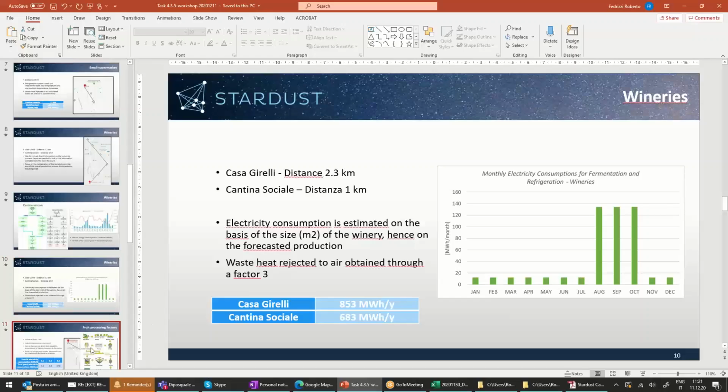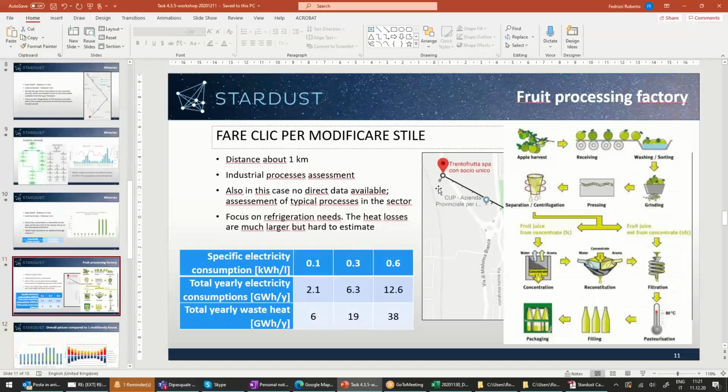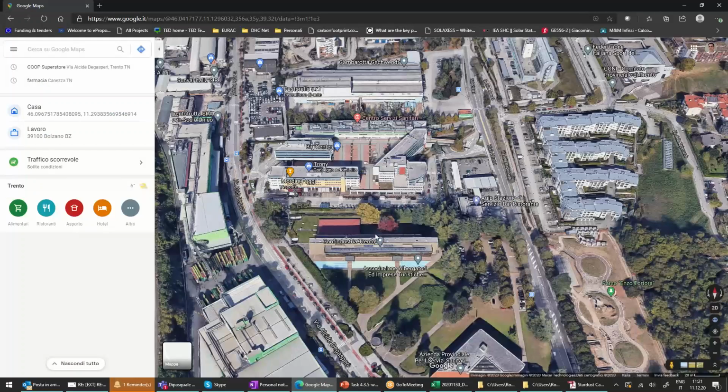In addition to this, we also identified another food processing factory in the area. The food company is just in front of the supermarket, and it is much bigger. So they have a huge electricity and energy consumption in general.